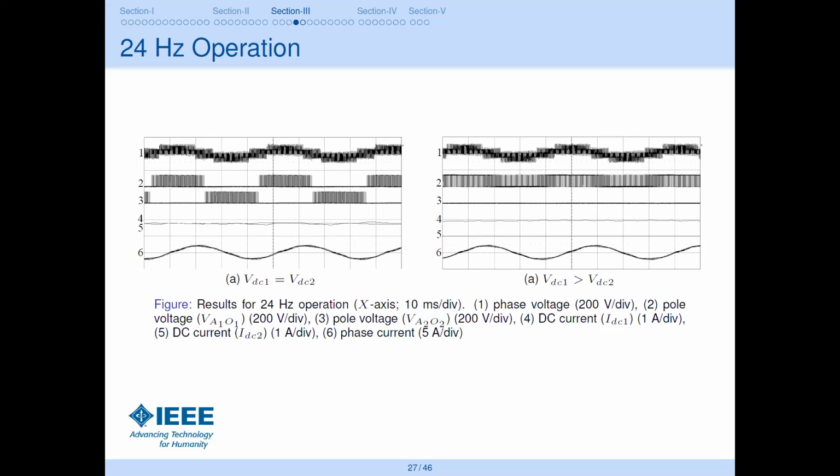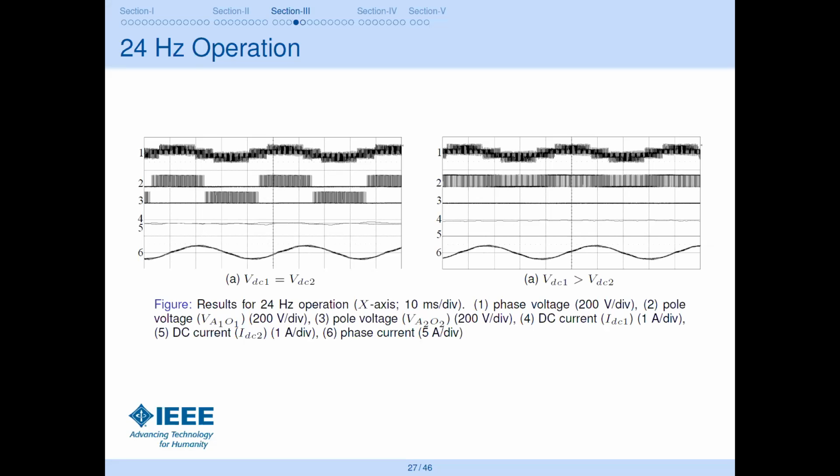It is similar to a two-level operation. On the left side, when both inverters are sharing equally, you have equal pole voltages on both the inverters. And the fourth and fifth traces show the DC current, and you can see that it is providing DC current equally.